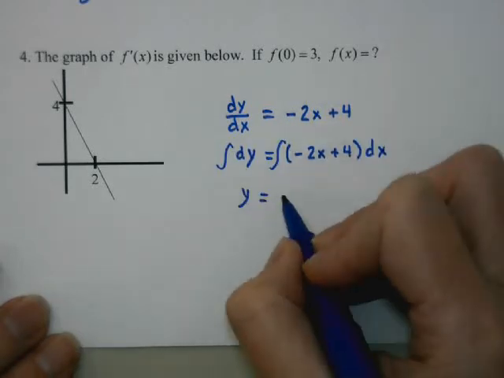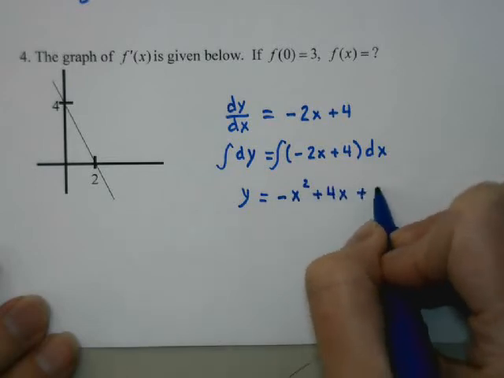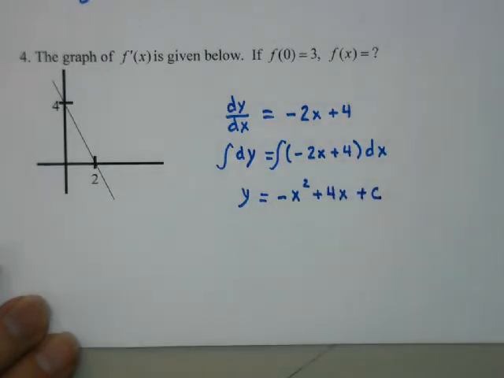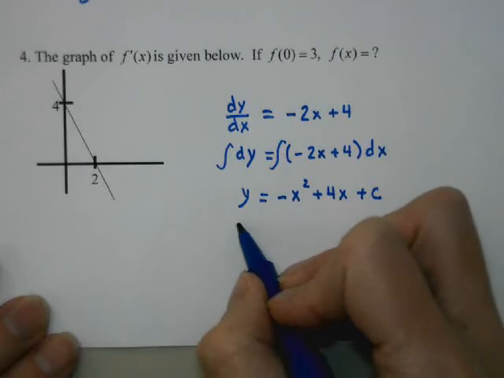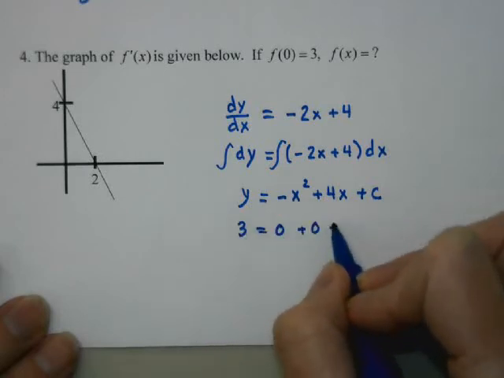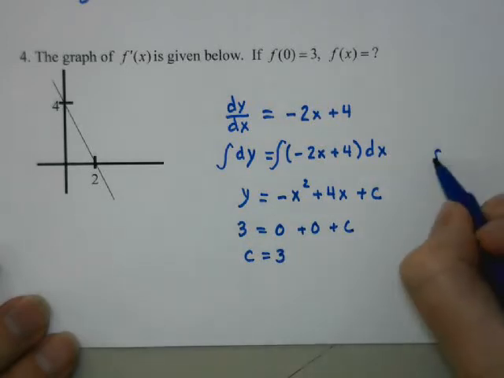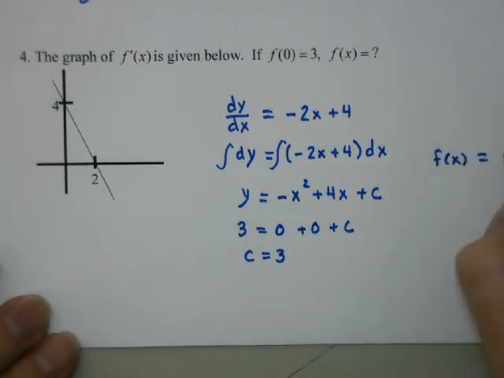So y is going to be negative x squared plus 4x plus c. If f of 0 is 3, this will be 0, this will be 0 plus c, so my c is 3, which means f of x is negative x squared plus 4x plus 3.